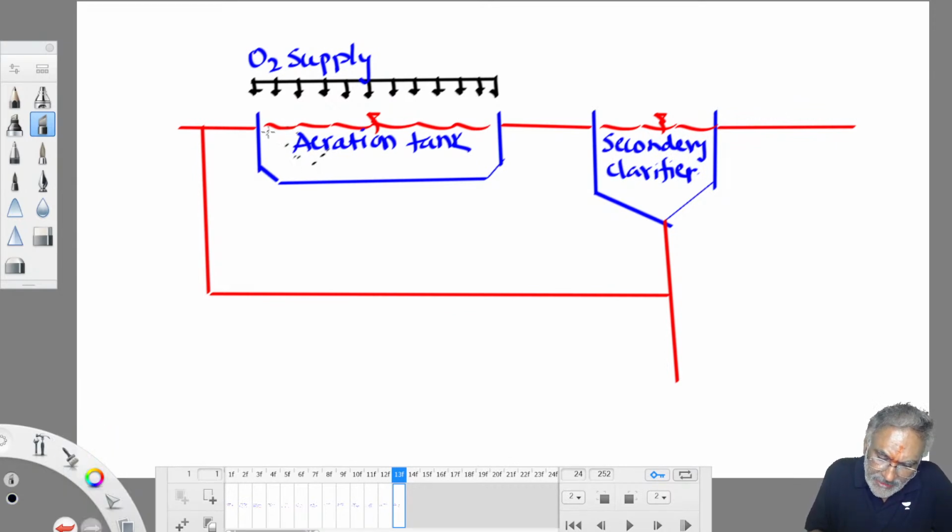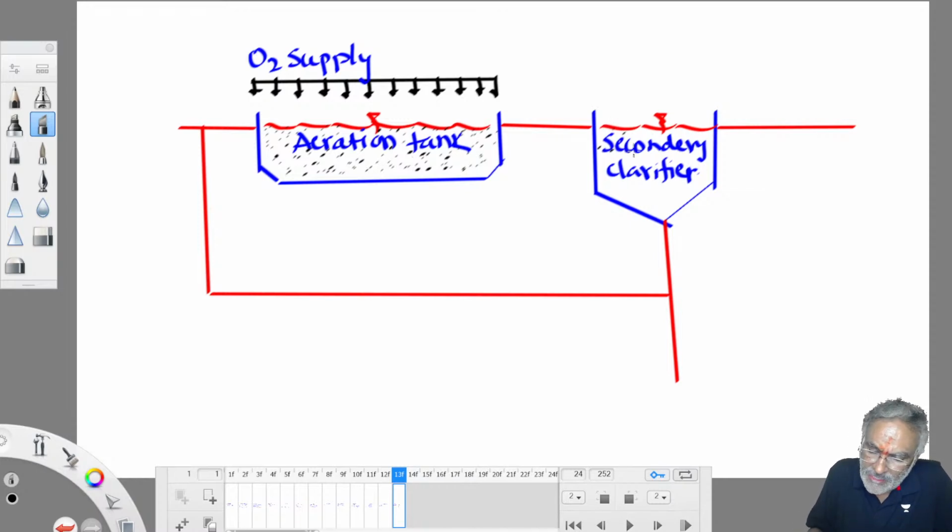In the aeration tank, microorganisms are in which form? Suspended form. They behave like suspended solids. Microorganisms literally suspend in water. That is the purpose of providing a surface aerator. Even if they try to relax here, the turbulence caused by the surface aerator doesn't permit them to relax, so they keep on moving.